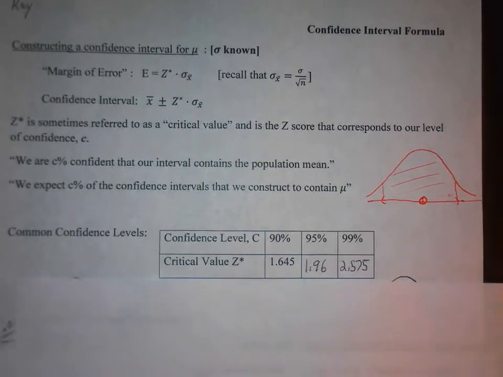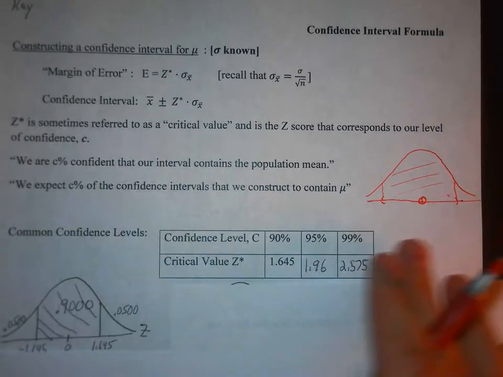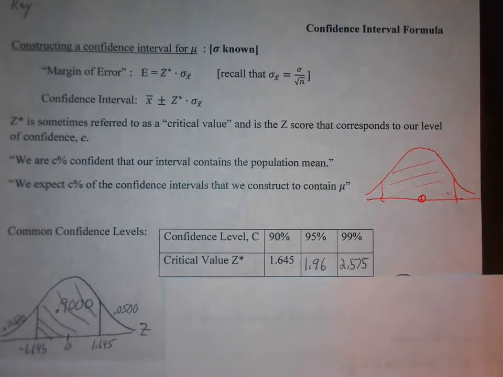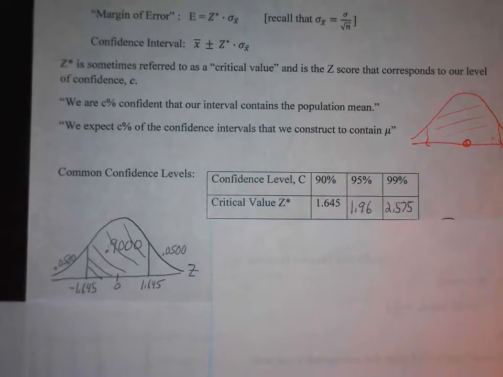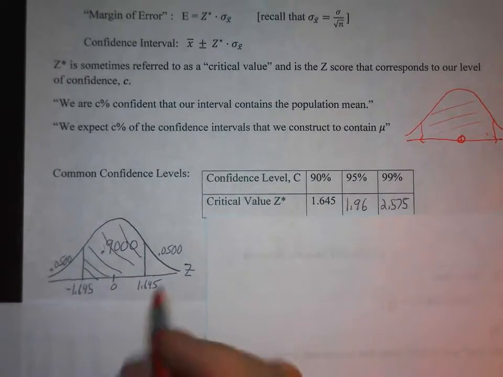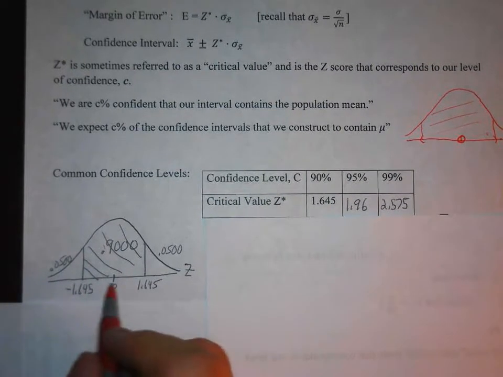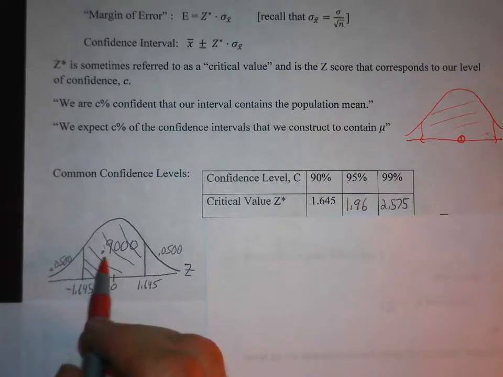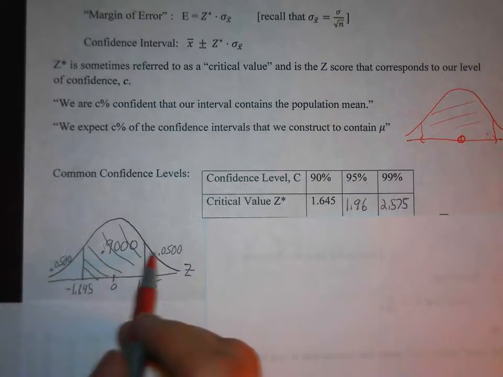So how you actually find those, I'm going to show you a couple different ways. One way is just using your Z tables. So if you want the middle 90%, on our Z-axis, remember 0 is in the middle because that's 0 standard deviations from the mean. The middle 90% means you have 5% on each end.